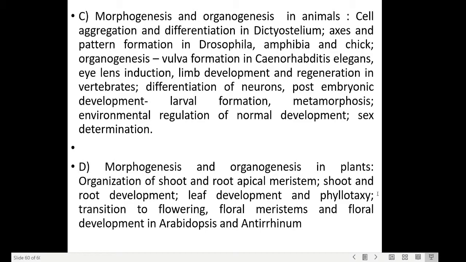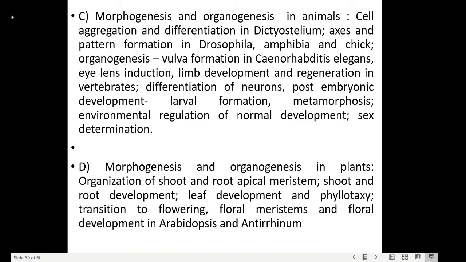They are fixed ones. IGF means insulin-like growth factors.